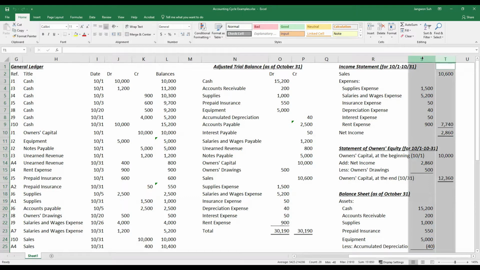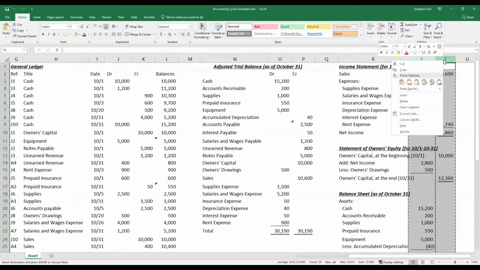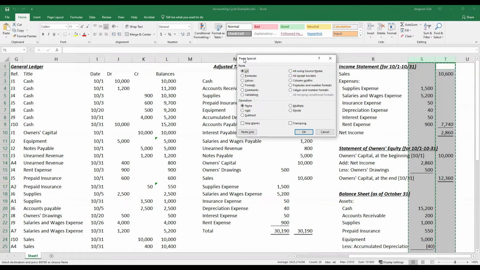Select columns S and T by clicking the headers, then press the right-hand side button and press Ctrl C to make a copy, and then follow me well. Press the right-hand side button of your mouse, and then press S. Then you will see Paste Special. Here, press V, which is a shortcut key for values.